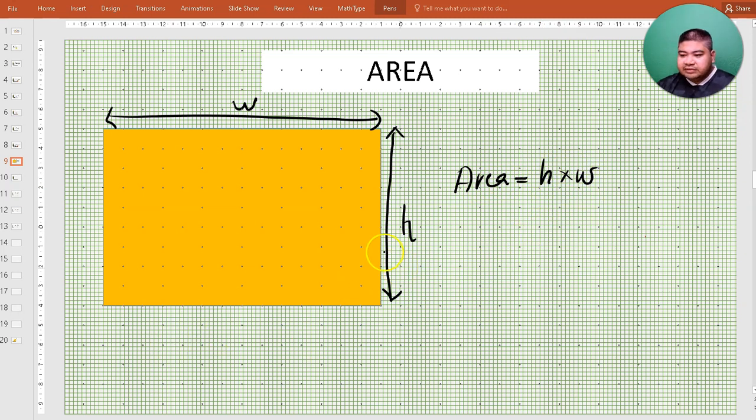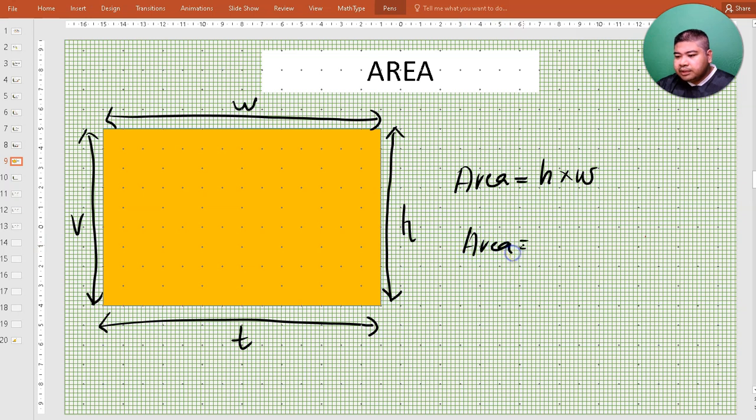What if instead of h, I take the width as t and the height as v? Now the area becomes Vt.